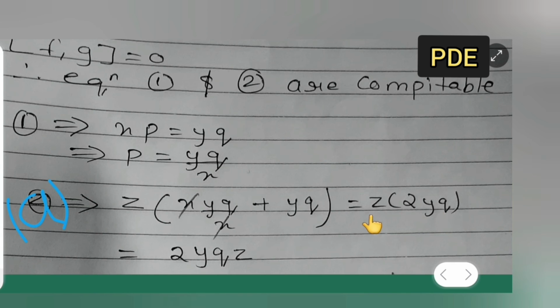So this is z and this is 2y yq. So this is nothing but 2y yqz.